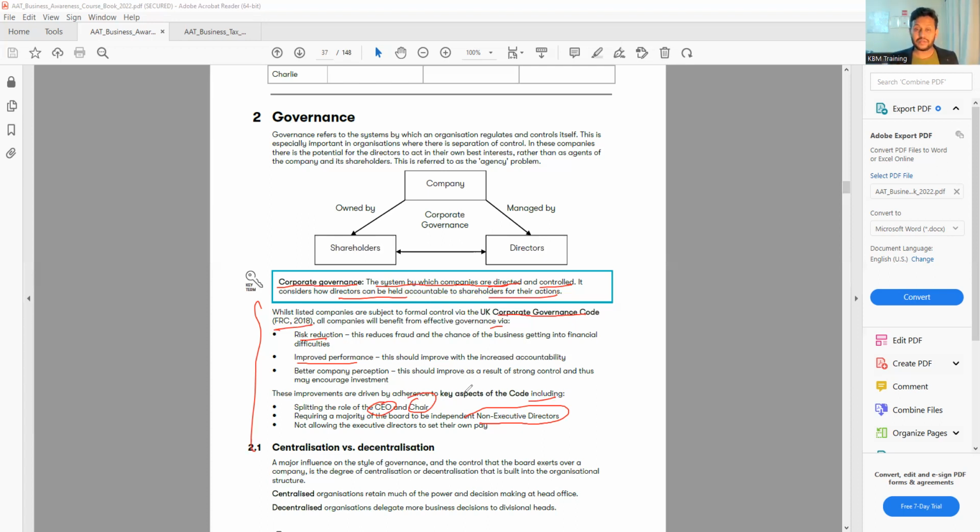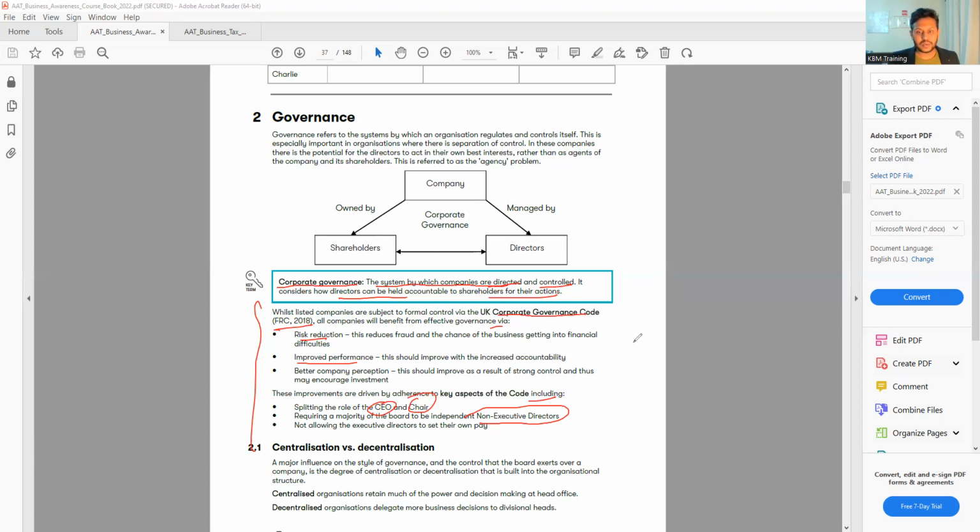So it's not going to be helpful. It has to be equal. When a resolution or any proposal comes to the board, at least a majority of the directors has to say yes, go for that. If it is a half, the decision will not be executed. So for that reason, both executive and non-executive directors are important, and both have to be equal in number for the company board.